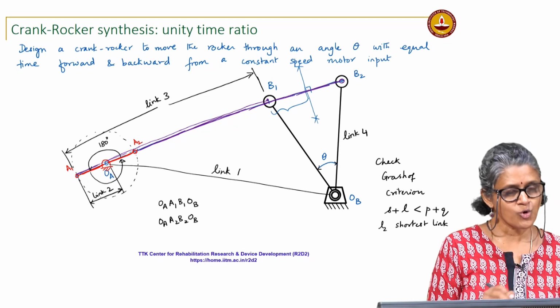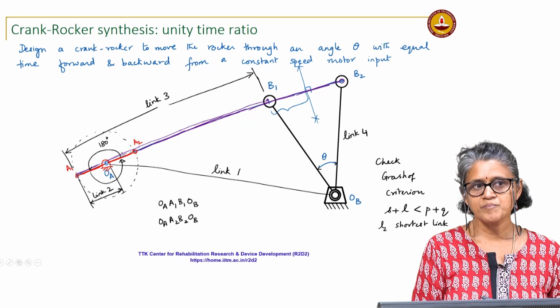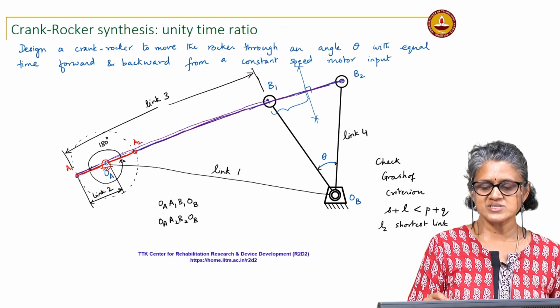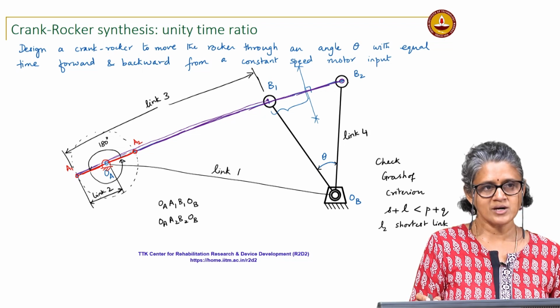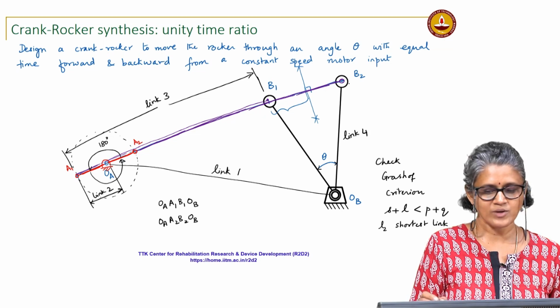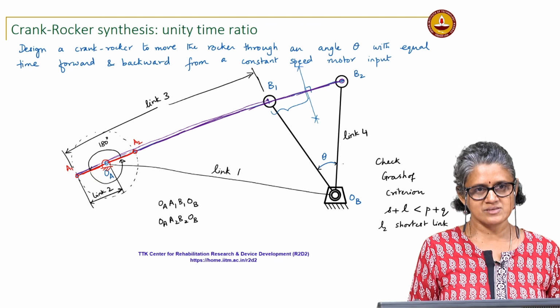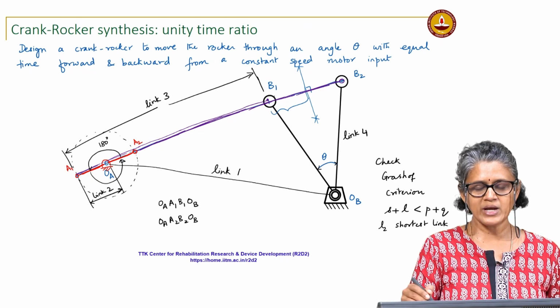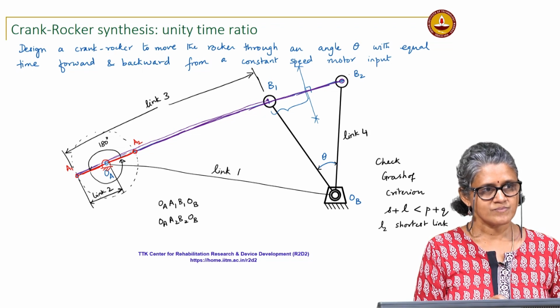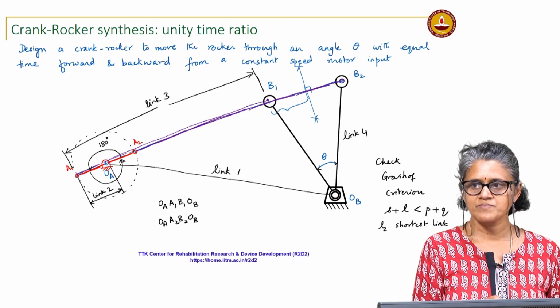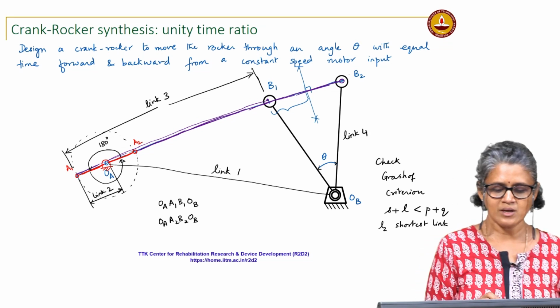Was the length of OAA2 a free choice? No, it was half B1 B2. So, that was no longer a free choice. Once I know where I am locating B1 and B2, the length of the shortest link becomes determined.